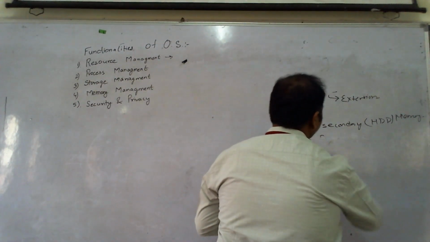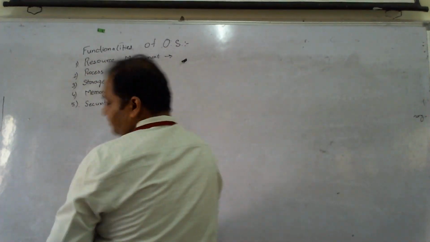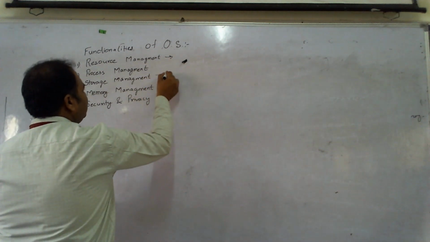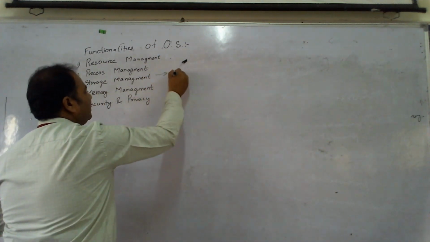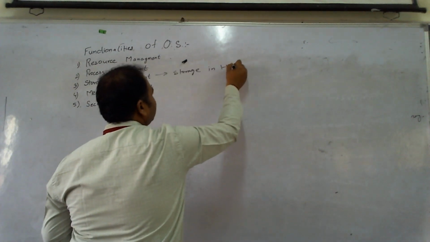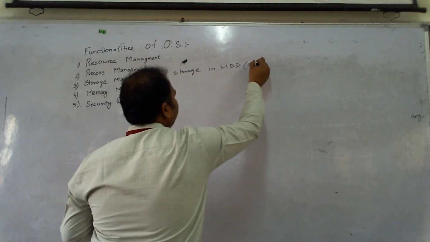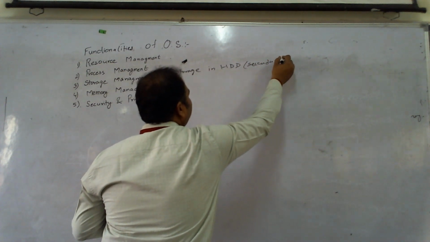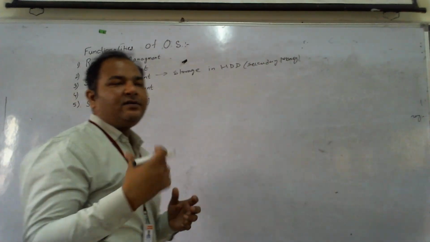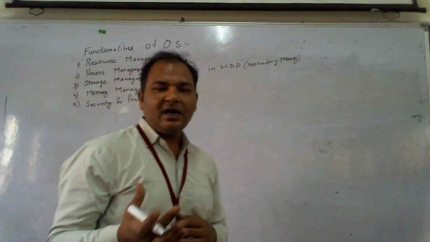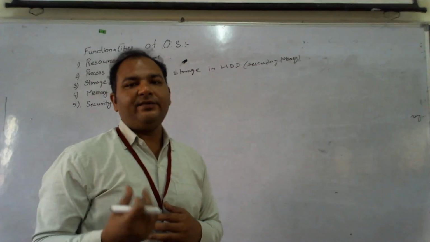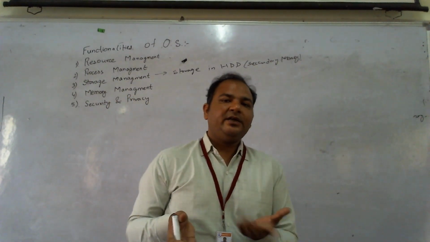Now the third is storage management. Storage management is the storage in the hard disk or the secondary memory. How are the files which we are using stored, if we are accessing our hard drive and any files or folders located in the C drive, D drive, E drive, which is the secondary memory?